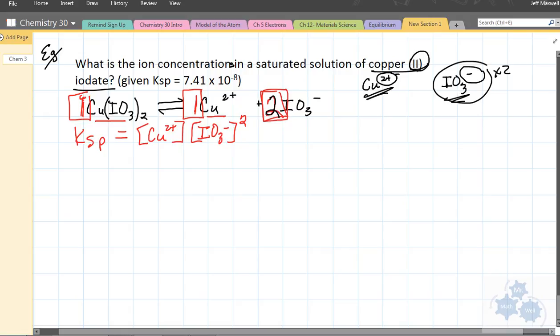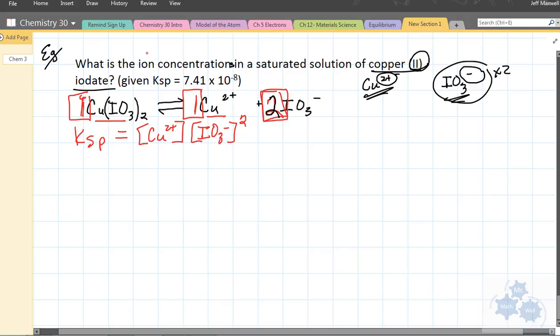So it's a 1 to 2 ratio. So if I let the concentration of Cu be x, how do I represent the concentration of IO3 then? It would be 2x.